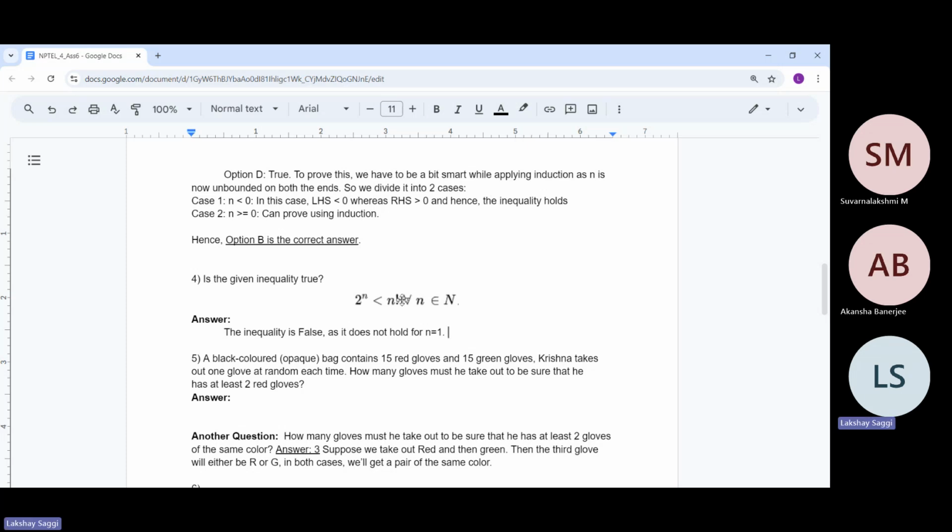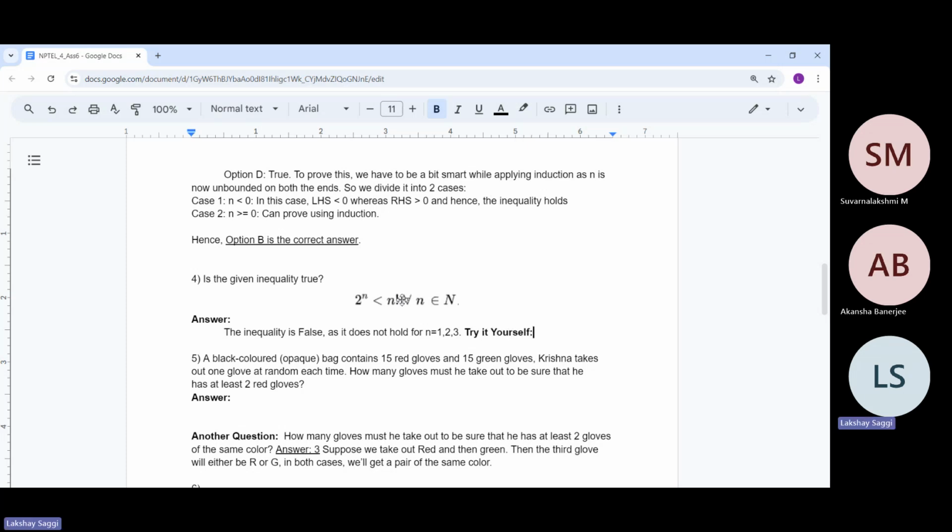Now using mathematical induction, taking the base case as n equal to 4, you can prove that it holds for all n greater than or equal to 4. So again, using an inductive argument, it can be shown that the inequality holds for n greater than or equal to 4.